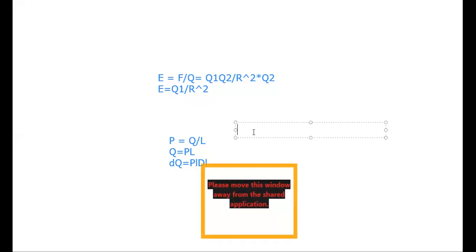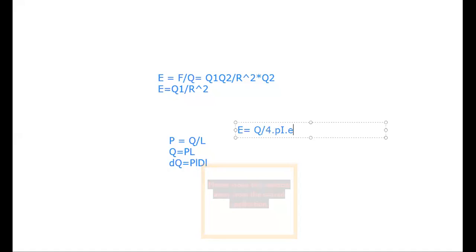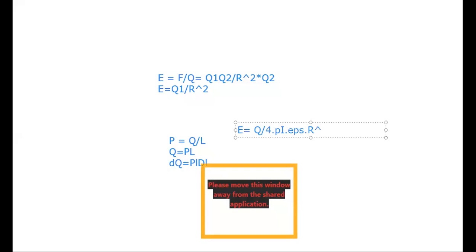E equal to q divided by 4 pi epsilon into r square, equal to q by 4 pi epsilon r square.